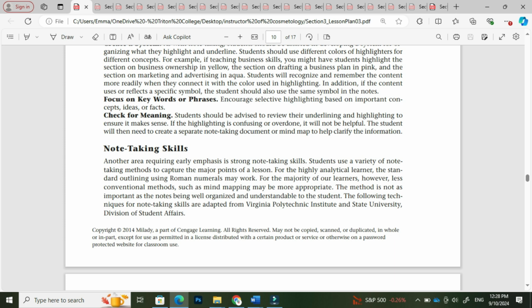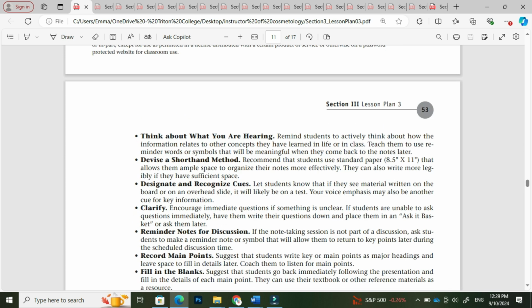The following techniques for note taking skills are adapted from Virginia Polytechnic Institute and State University Division of Student Affairs. Think about what you are hearing.